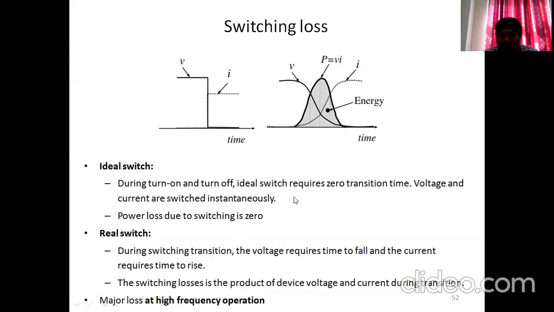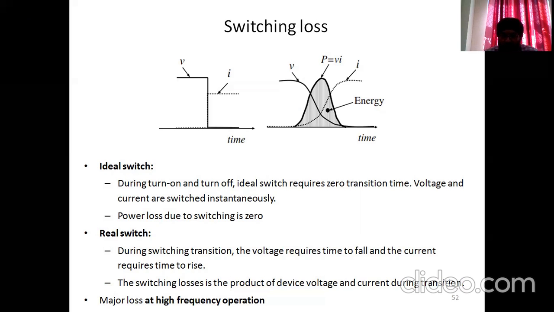Ideally, the transition time should be 0. That instantaneous switching on and off should happen. If the transition time is 0, instantaneous switching, then power loss due to that instantaneous switching is 0. But in practice, there is always a transition time.